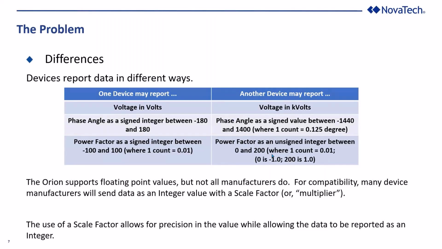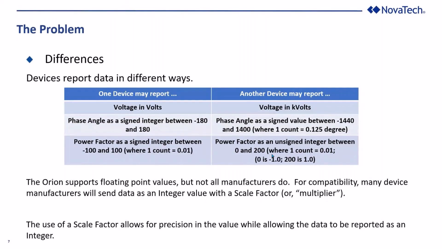Another device may report the voltage instead in kV, where it'll probably be a whole number with a decimal, stating the number of kilovolts. You might have a phase angle, and a phase angle could quite simply be a signed integer value. Signed meaning it can be a positive or negative value, between negative 180 and positive 180, where every number is a different degree in the phase angle, which makes perfect sense.